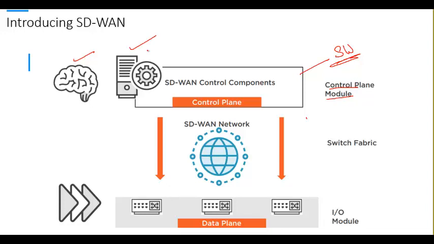The only hardware in SD-WAN that we have is the vEdge IO modules. Even that one we have as software, the CSR 1000V, C8000V.